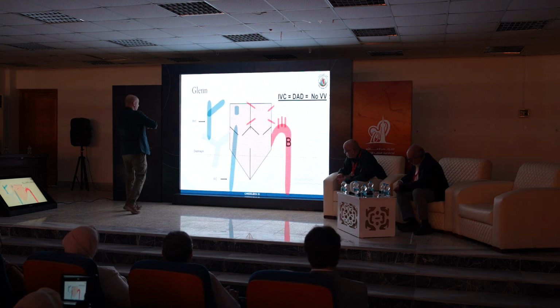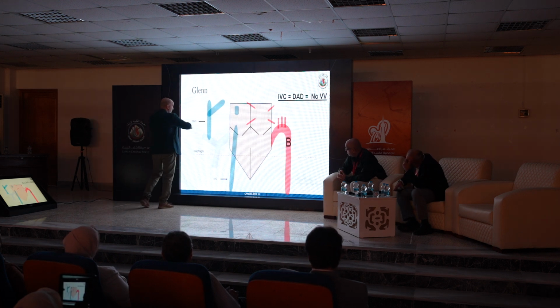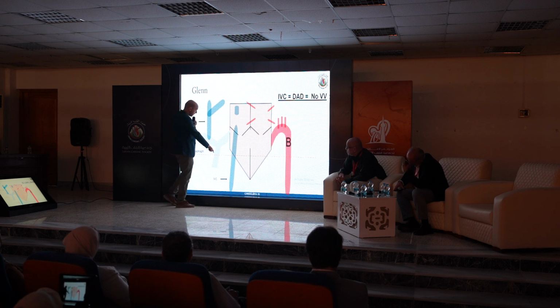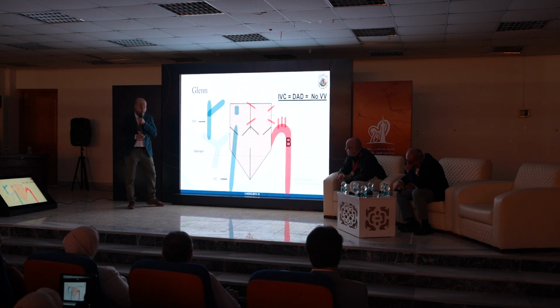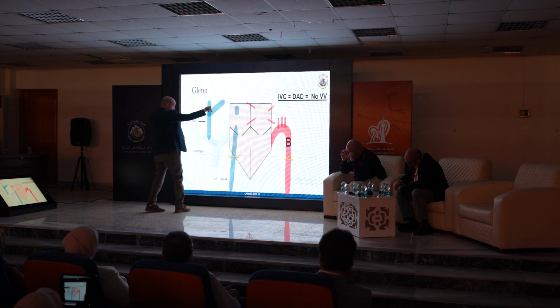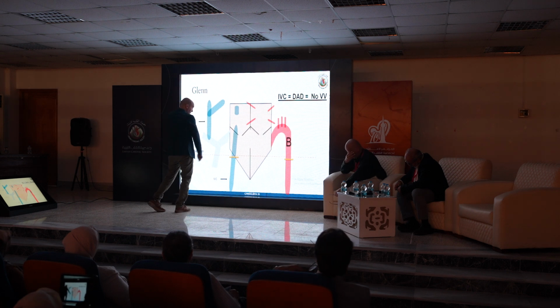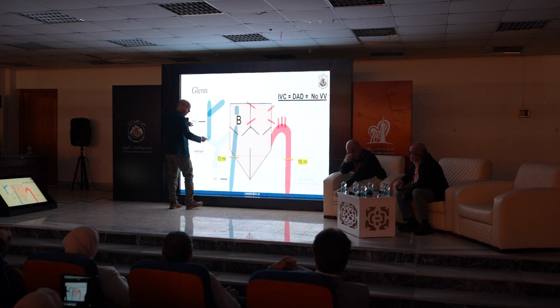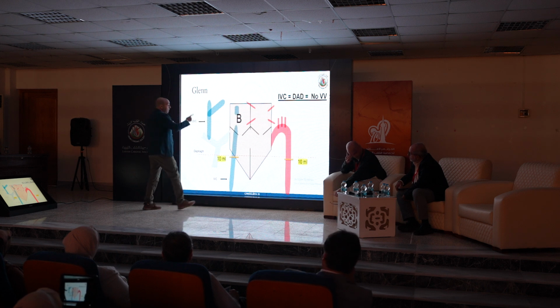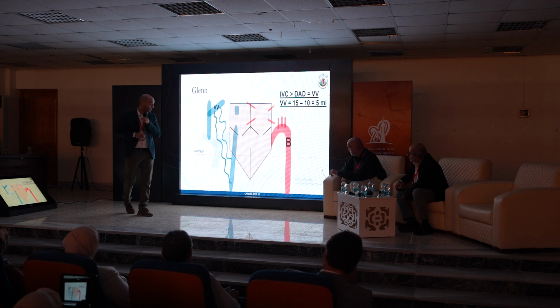In cases of Glenn, sometimes a collateral develops between the superior vena cava and inferior vena cava, which is in cases of failing Glenn. With no collaterals, the blood going to the lower limbs and viscera should equal blood coming back from lower limbs and viscera. In this case, there is no collaterals.